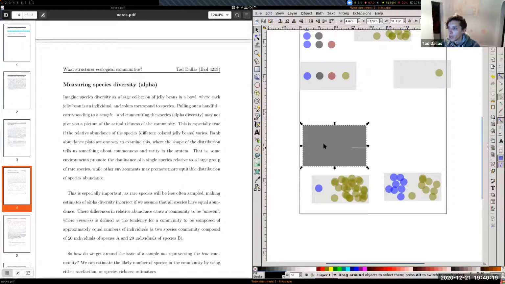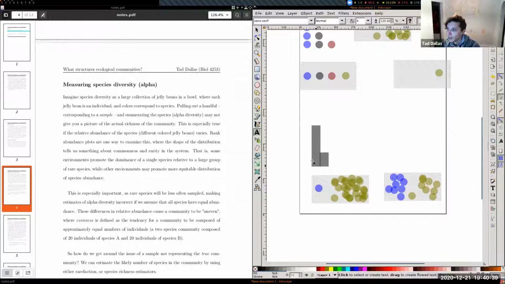rank abundance plots, which I'm just going to make one. On the y-axis, we have the number of species that have a certain bin of abundance.